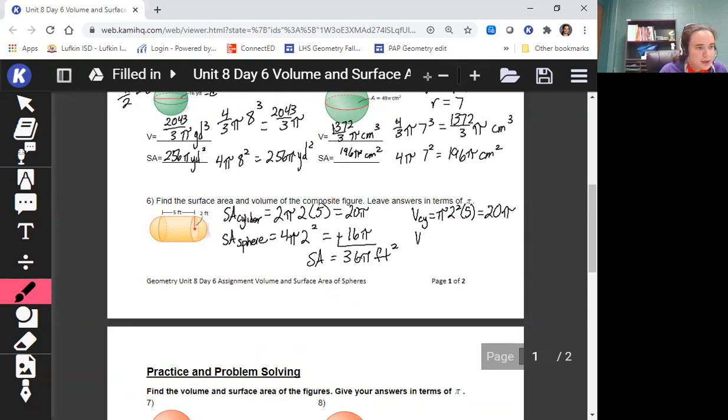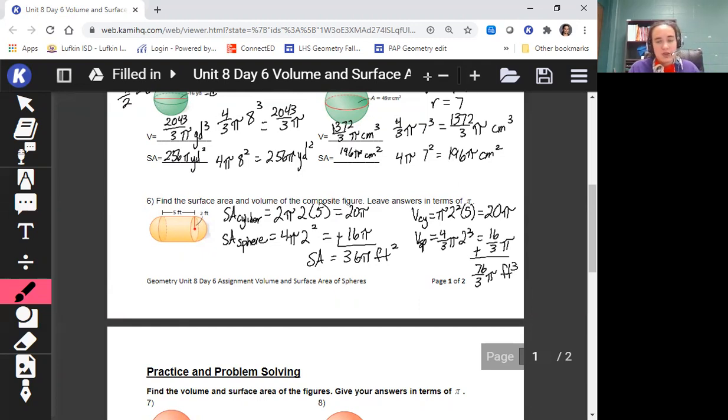And then we need volume for our sphere, which is 4/3 pi r cubed, and our radius is 2. So 4/3 pi 2 cubed, not squared, which is 16/3 pi. And when we add those together, we get 76/3 pi feet cubed.